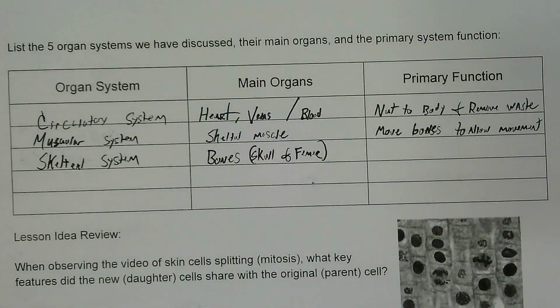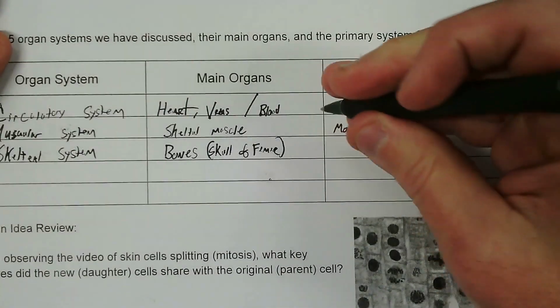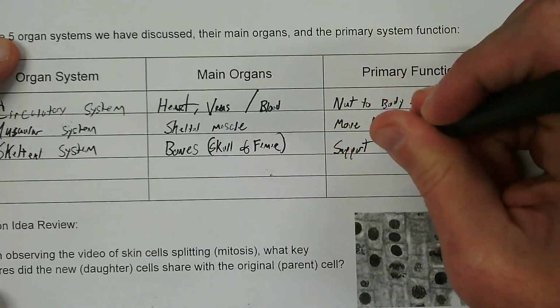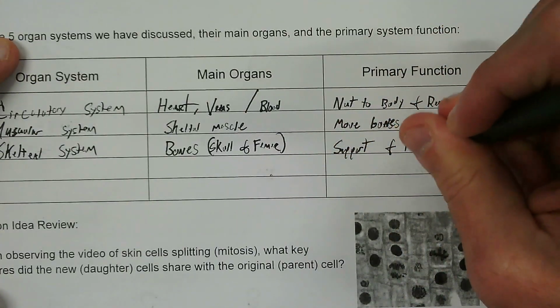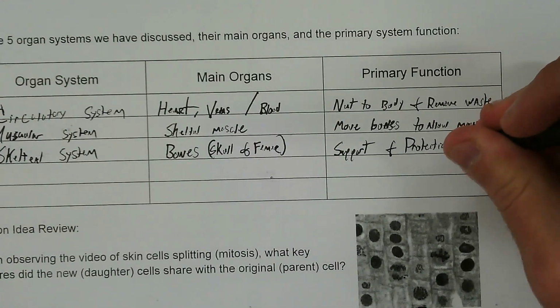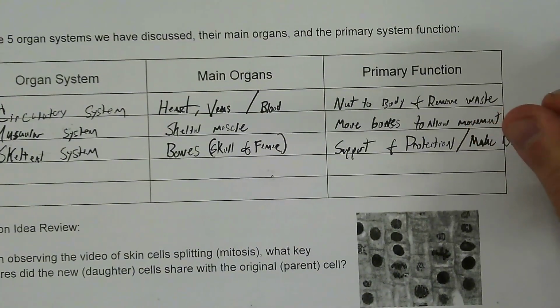The femur is the longest bone in the body. Primary function: support and protection. So the skeletal system, you don't always think about it as being protective. It also produces red blood cells. Let's put that in there. Or it makes blood cells.